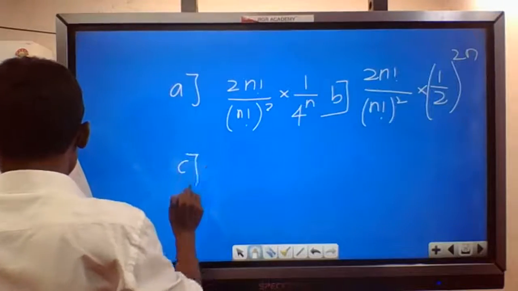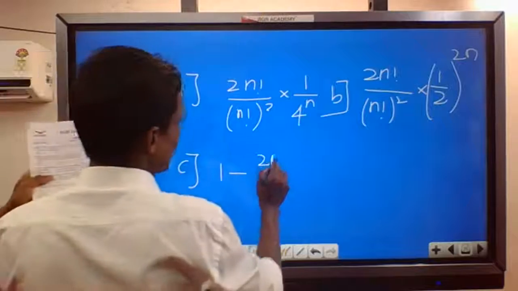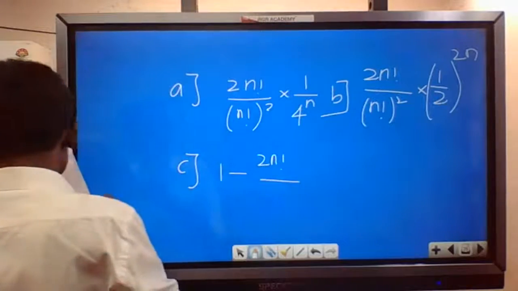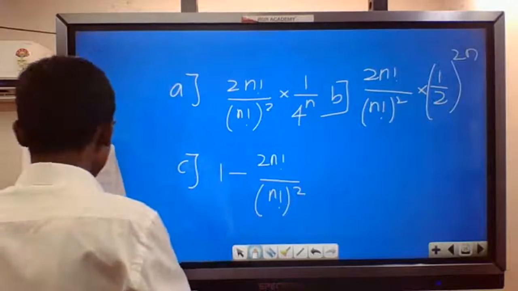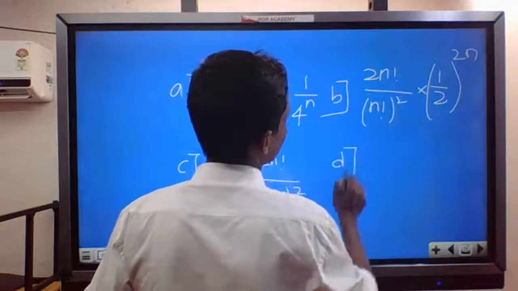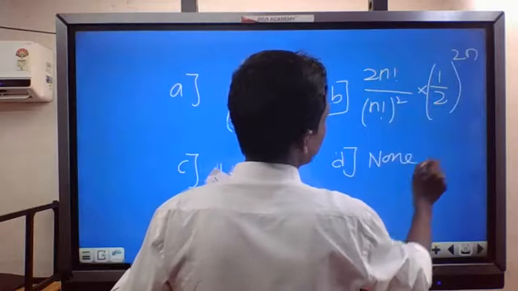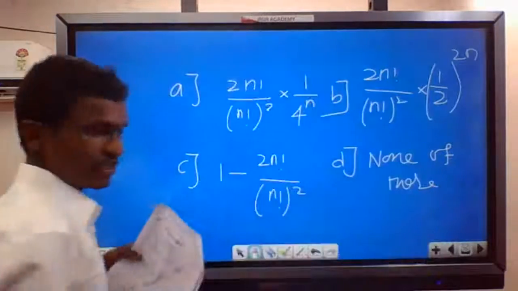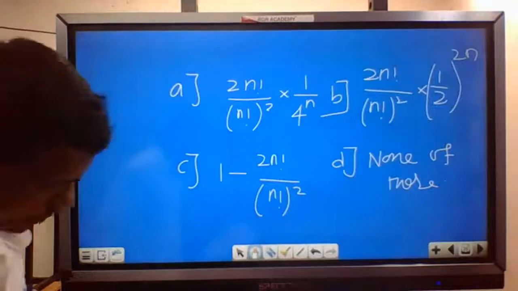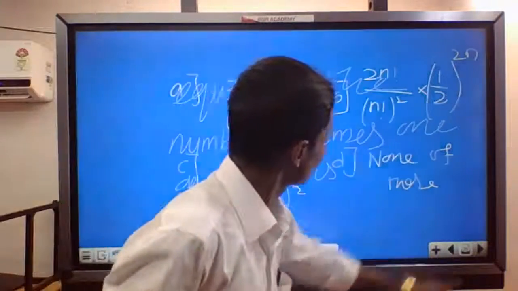And C option: 1 minus 2n factorial divided by n factorial whole square. Option D: none of this.